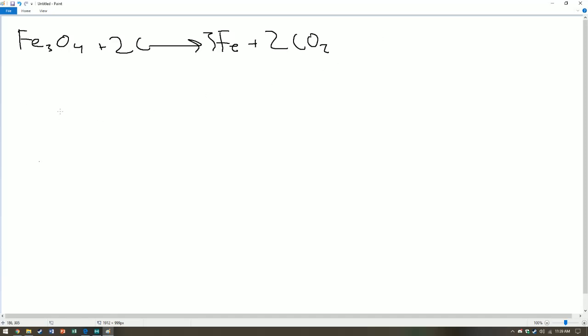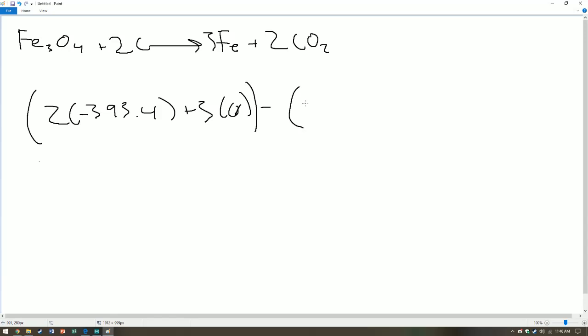And if we did it the products minus reactant way, remember that there's zero enthalpy change of formation for standard state elements, so it would be 2 times negative 393.4 plus 3 times 0, subtract 1 times negative 1118 plus 2 times 0.